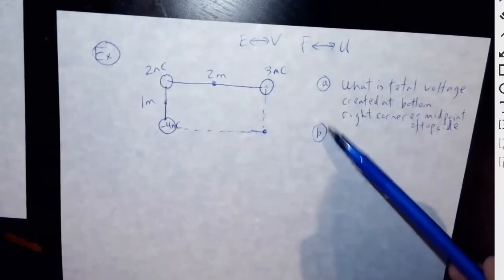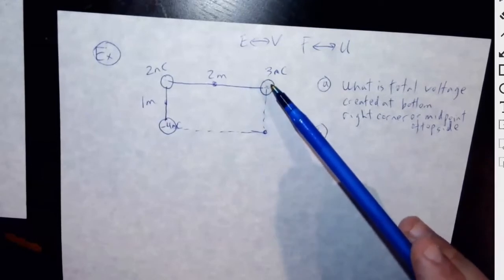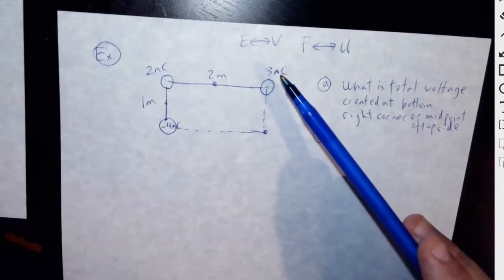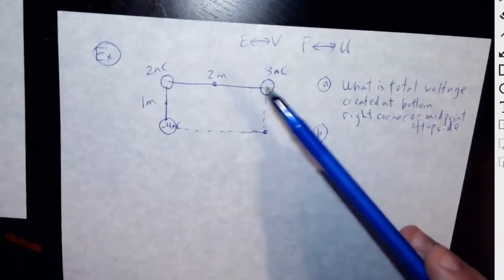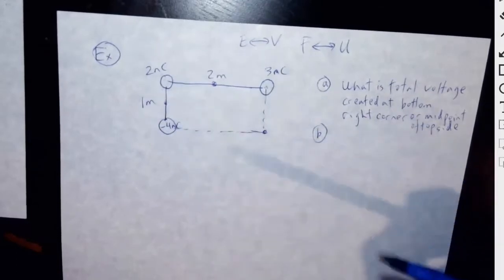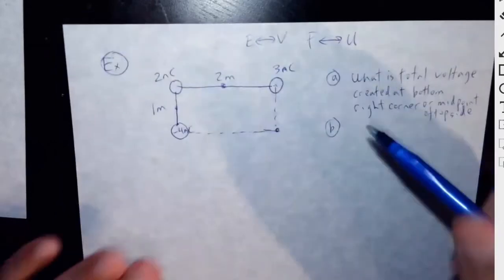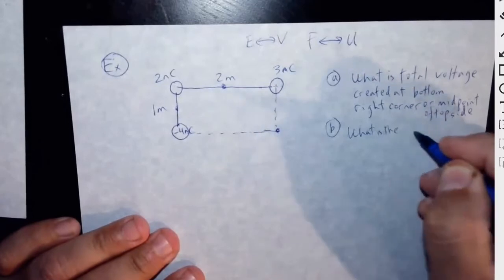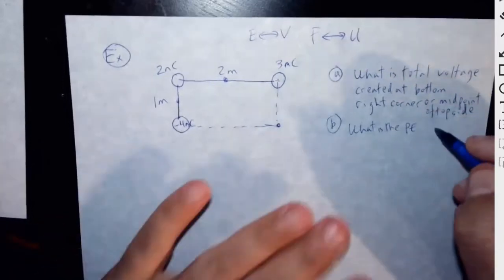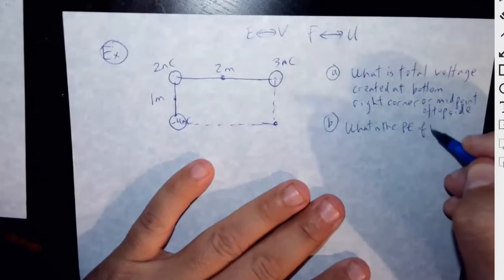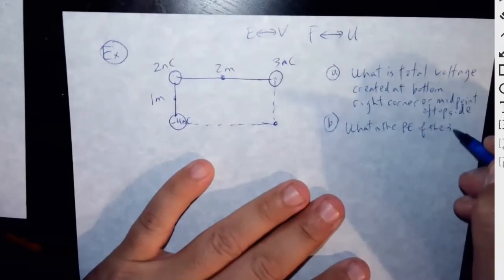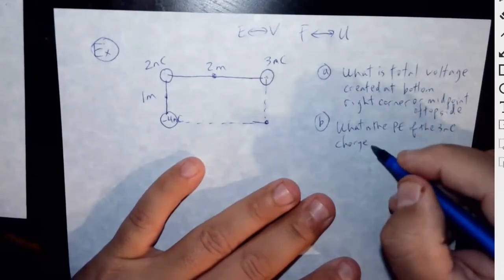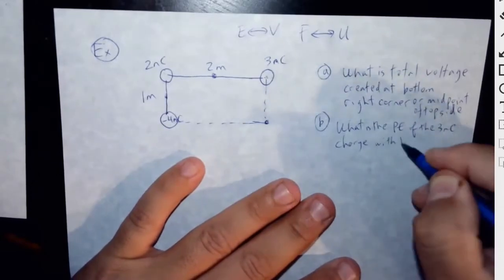What is the potential energy of the 3 nanocoulomb charge with both charges? I guess that's the best way to word it.